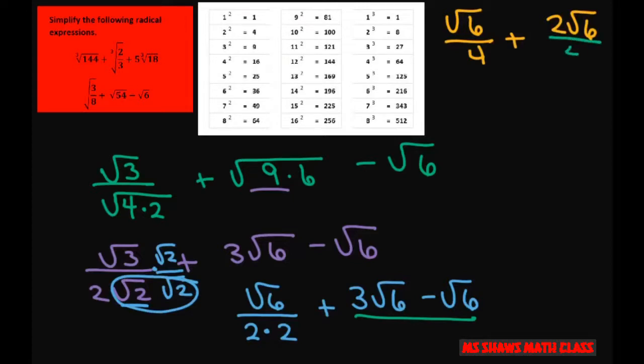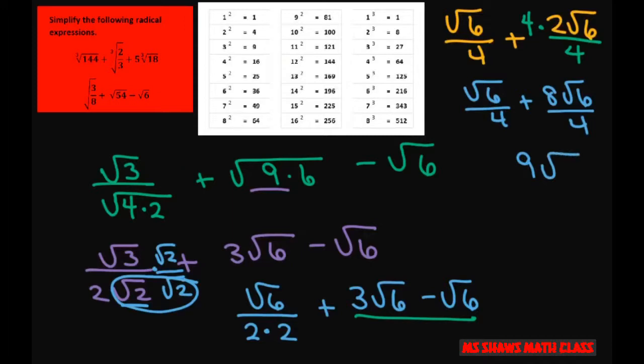So if I put a 4 here, I'm going to multiply this by 4 as well, because 4 divided by 4 is 1. So now we have square root of 6 divided by 4 plus 8 square root of 6 divided by 4. That gives me 9 square root of 6 divided by 4. And that is your final answer.